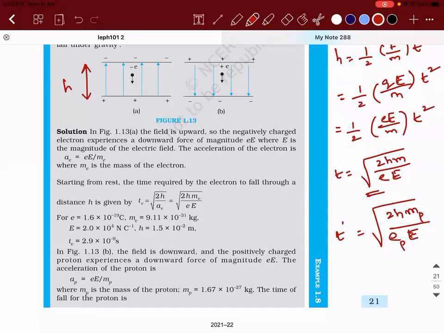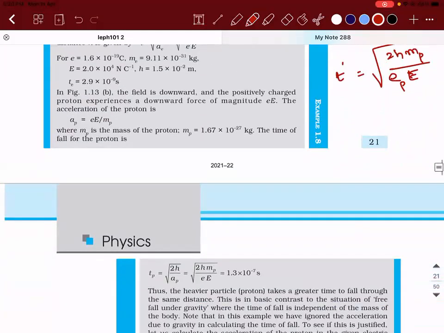Now they are asking us to compare this with that of a free fall. How will you do that? Okay. So what will you write? h will be equal to half into, in the place of acceleration, you will write g, t square. There is acceleration due to gravity. So t will be equal to root of 2h divided by g.